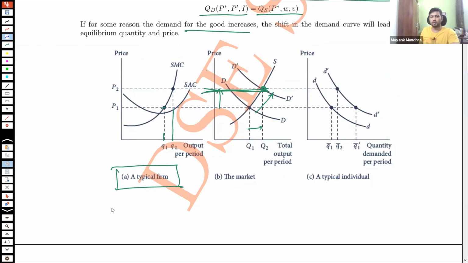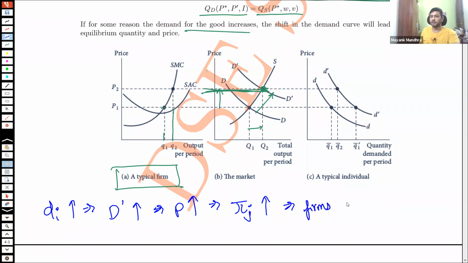Okay. So the timeline is that demand for any individual goes up. This leads to the entire demand shifting up, which leads to the prices increasing, which leads to profit of any firm J increasing, implying that more firms enter the market.